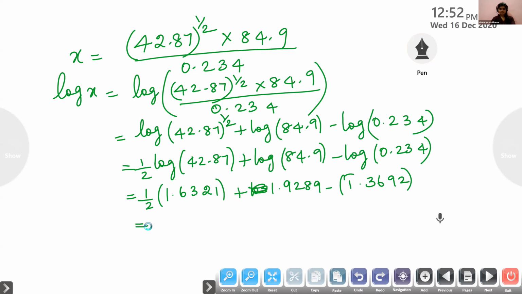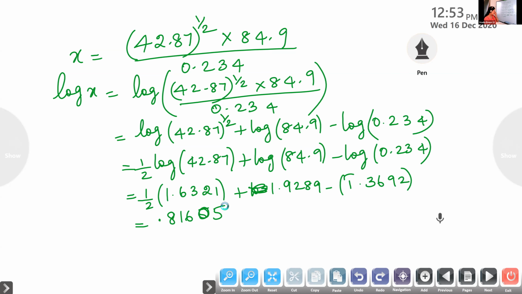So when we divide by 2, what you will get? 0.81605.